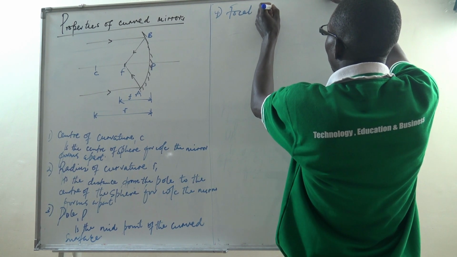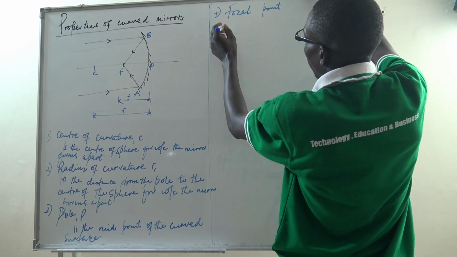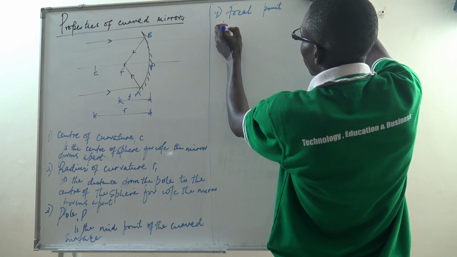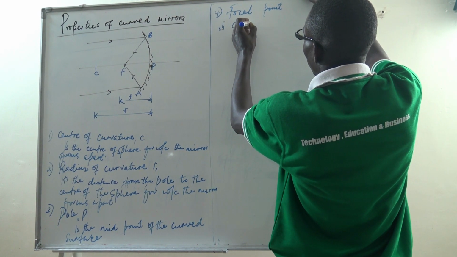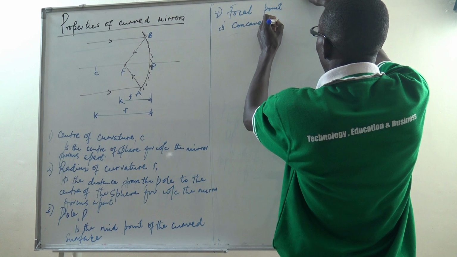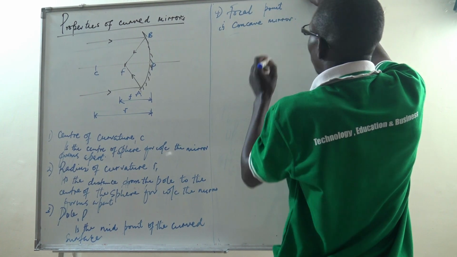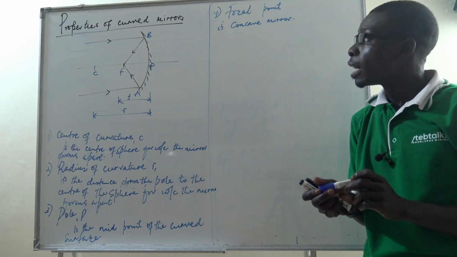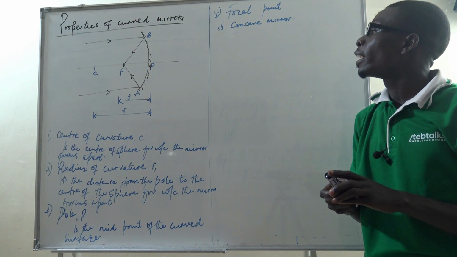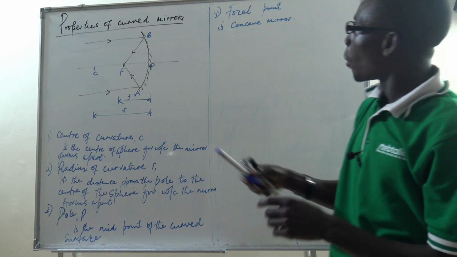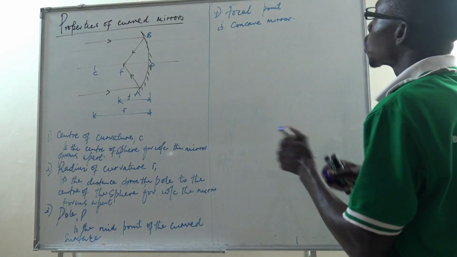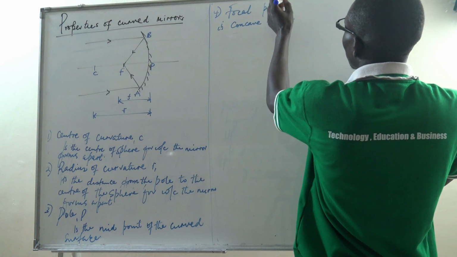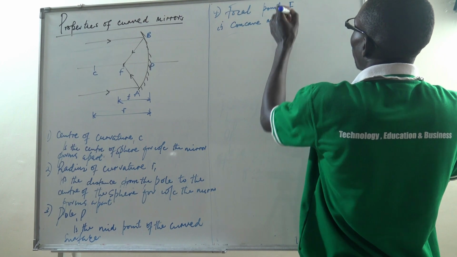Focal point first, and then Roman 1, concave mirror, because the definition of the focal point will depend on which type of mirror you are referring to. So what is the focal point? We use capital F to denote the focal point.